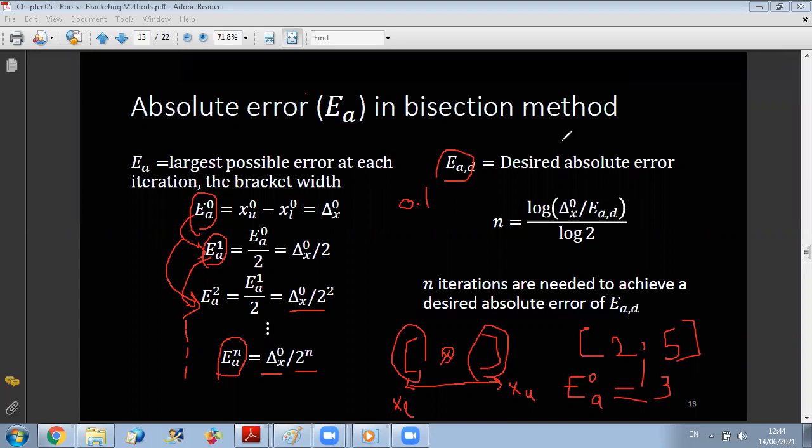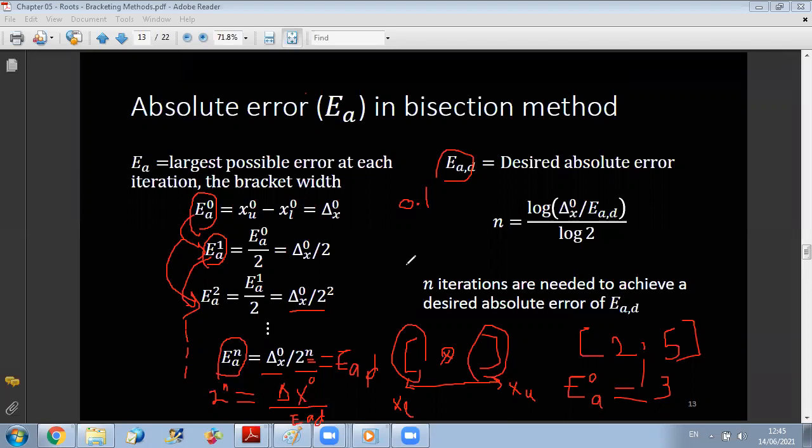All you have to do is to use this equation. Why? Because look, if you say I want this error to be equal to a certain value, E desired, the absolute error desired, and you want to solve for the value of n, all you have to do is take ln of both sides, because of the 2 to the power n. ln or log, both will work, okay? 2 to the power n is equal to delta x0, which is the length of the initial interval, over the desired error, which is given. And if you apply ln to both sides, you know that ln of 2 to the power n is n ln 2.